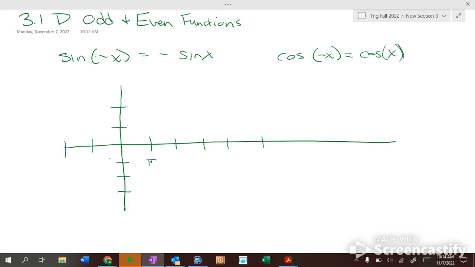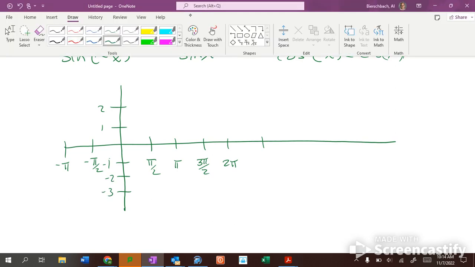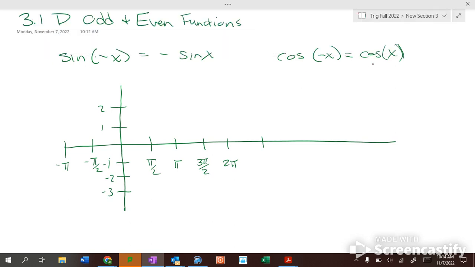All right, so we had pi over 2, pi, 3 pi over 2, 2 pi, back in chapter 2 when we were doing these. So, if I graph the cosine of x curve, that started at 0, 1, pi over 2, 0, pi, negative 1, 3 pi over 2, and 2 pi.